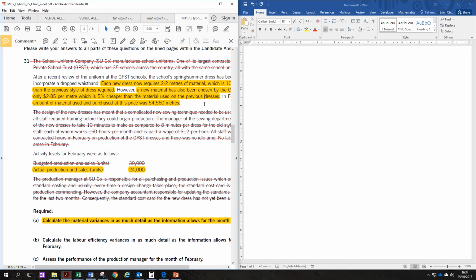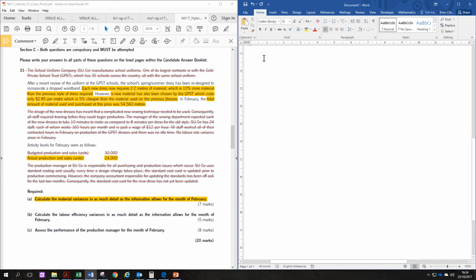First of all, we need to extract what is the important information that is required to calculate material usage variances. First of all, we are given standard quantity. The standard quantity in this question is given as 2.2 meters divided by 110%.